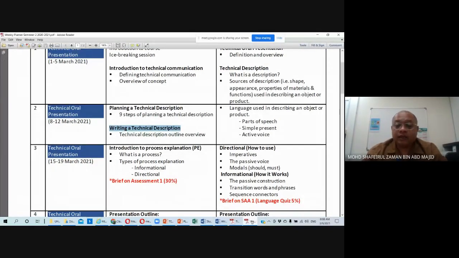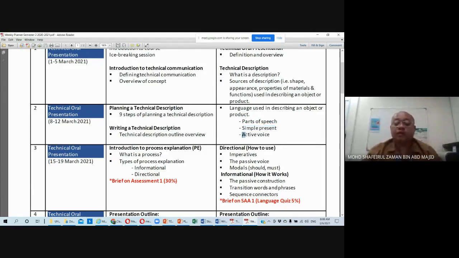In the second meeting of this week, we're going to look at the language used in describing an object or product, whereby we're going to look at the parts of speech, whether it is a noun, pronoun, and so on. Then we're going to look at simple present, because when you're describing a product, you are explaining about the current or recent product.